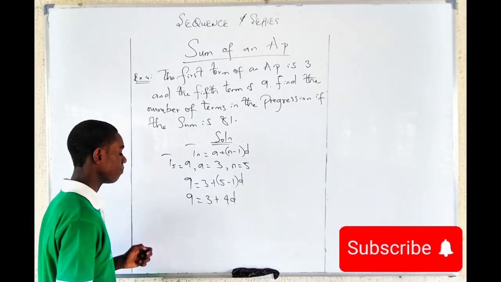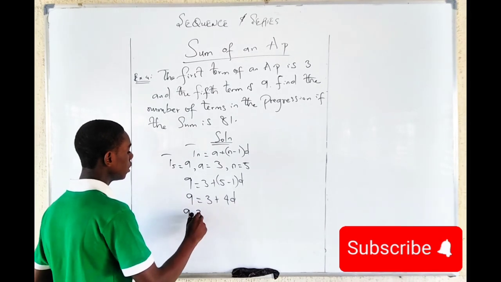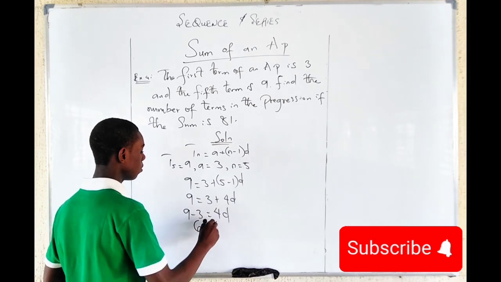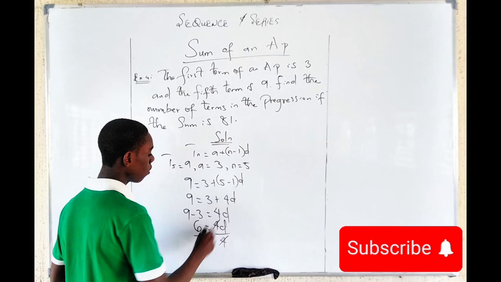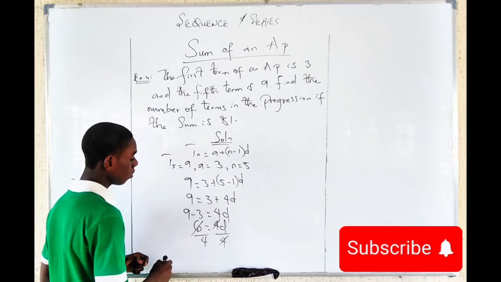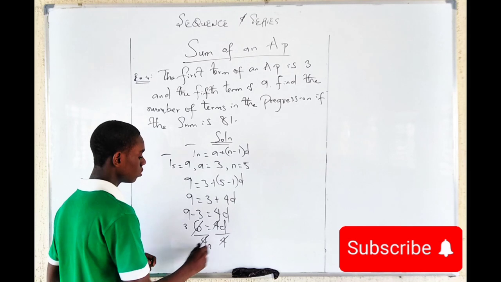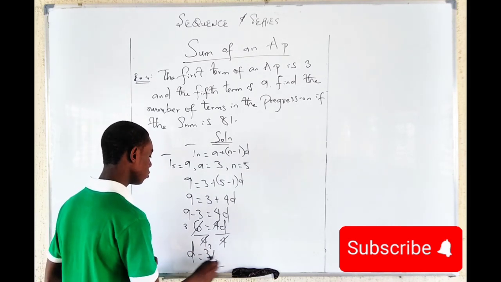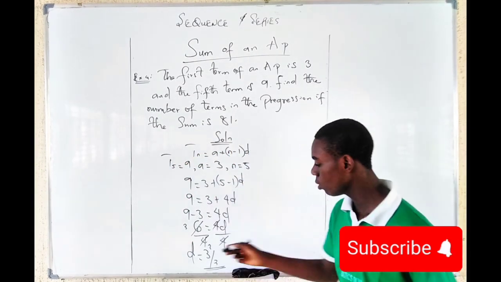Moving 3 to the left hand side, 9 minus 3 will be equal to 4d, and 9 minus 3 is 6, equal to 4d. So I'll divide both sides by 4. 4 will cancel 4, and 2 will go into 6 3 times, and 2 will go into 4 2 times. So d will be equal to 3 over 2. So I've gotten the common difference to be 3 over 2.